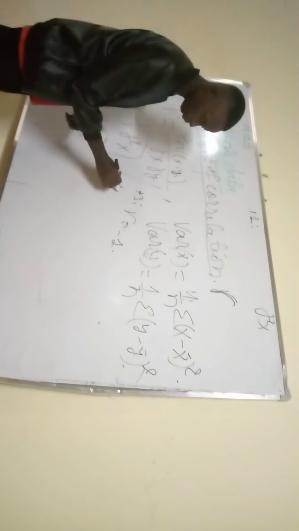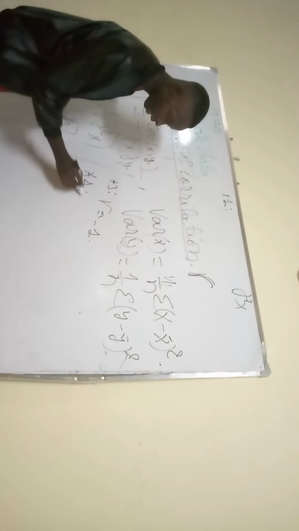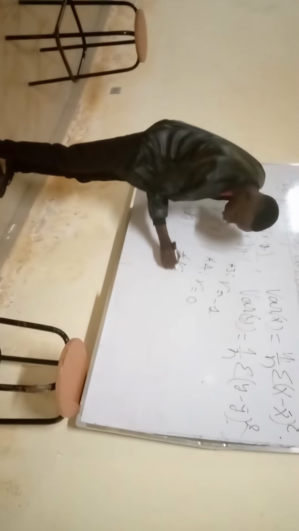Property number 4: if R is equal to 0, this means that there is no linear correlation between the two variables. The last property: if R is equal to 1, we say that there is a perfect correlation.